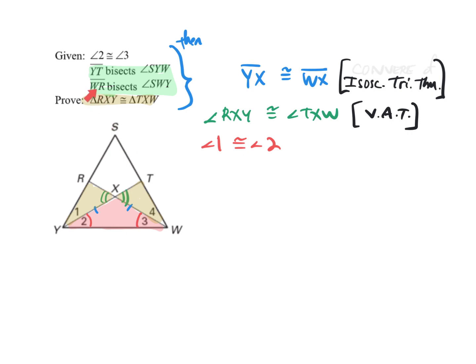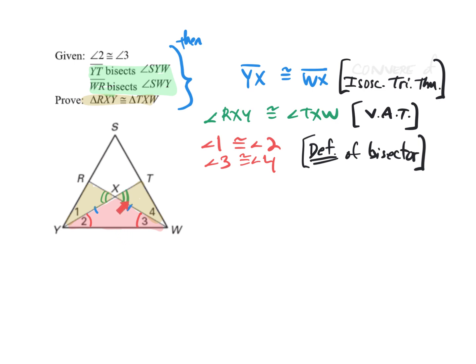Similarly, if segment WR, which is this one, is bisecting angle SWY, which is this whole thing, then angle 3 and angle 4 have to be congruent. After all, that's what it means. That's the definition of bisector. The bisector cuts the angle into two congruent halves.